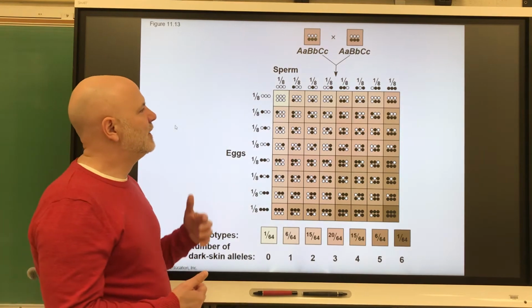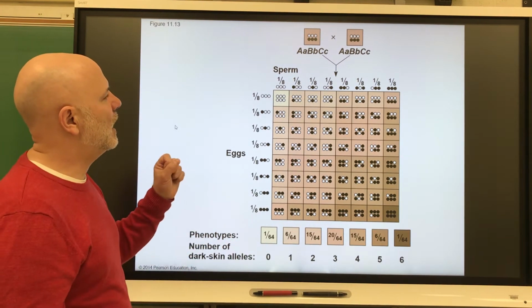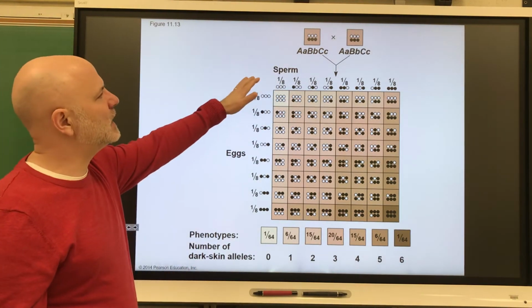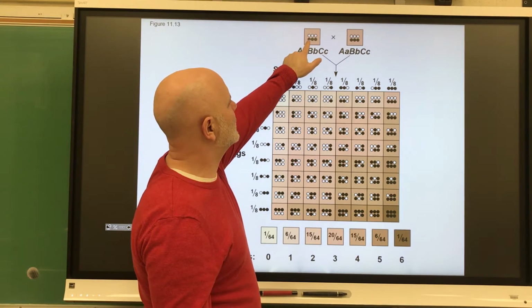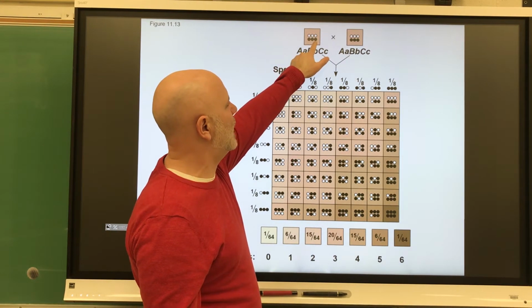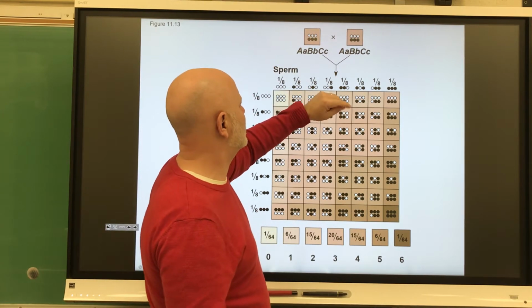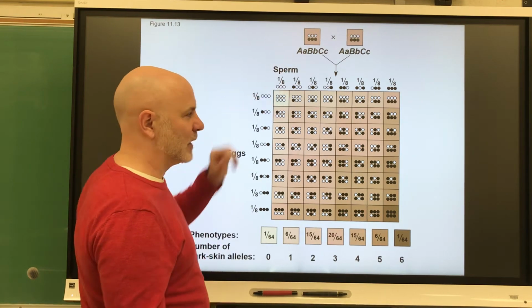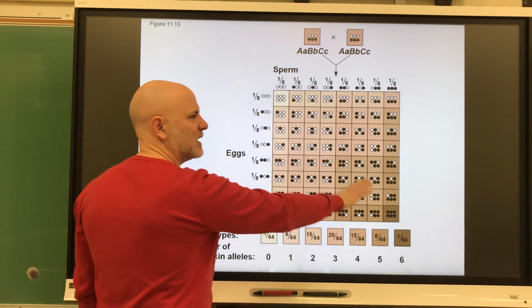All right? This is showing an example of two individuals, up here at the top. And this is showing the skin color. So if you have individuals that have three alleles for darker pigmentation and three alleles for light pigmentation, and those two individuals mate or have children, they could have children of any shade of pigmentation in their skin.